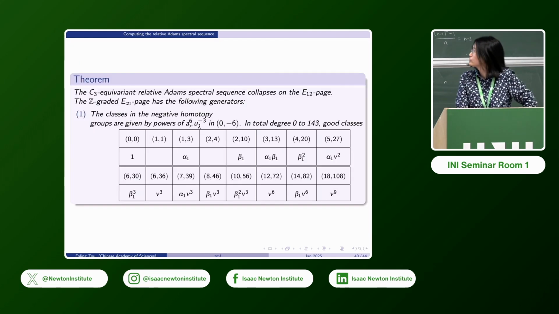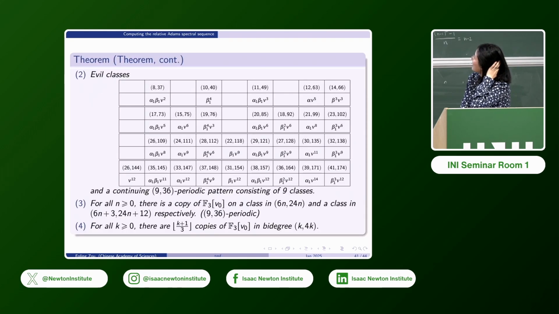And let me briefly show the answer for the integer graded part. All the differentials happen and collapse before the E12 page, so it collapses on the E12 page. And we recorded all surviving elements in this table. There are good classes, there are evil classes.